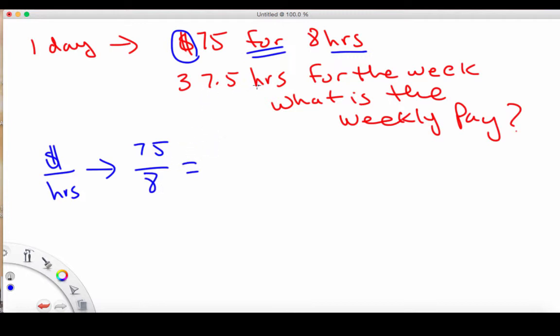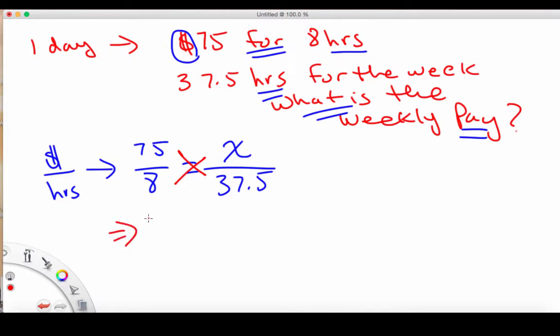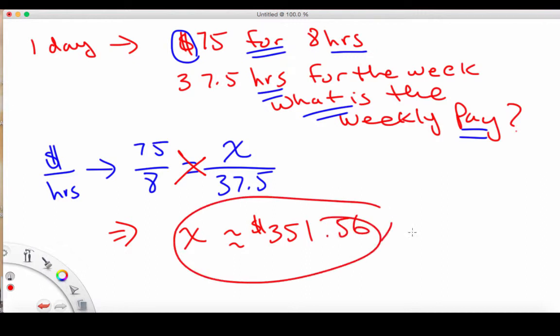It says 37.5 hours for the week, so we line it up down here, 37.5. Then it says, what is the weekly pay? That's money. How much do I get paid in a week for 37.5 hours? We don't know that, so we put an x, an unknown variable. So we do cross cancellation, and after we cross cancel, we should get x, an approximation of $351.56. That's how we could solve that.